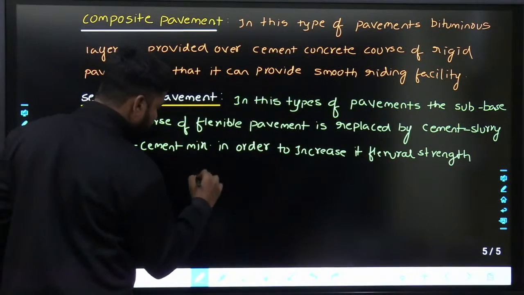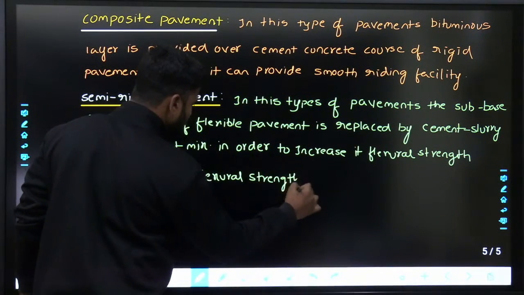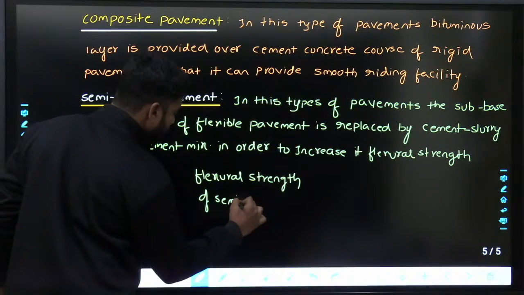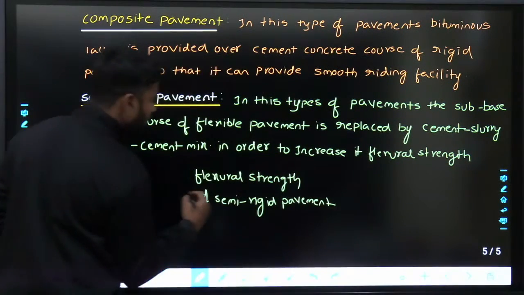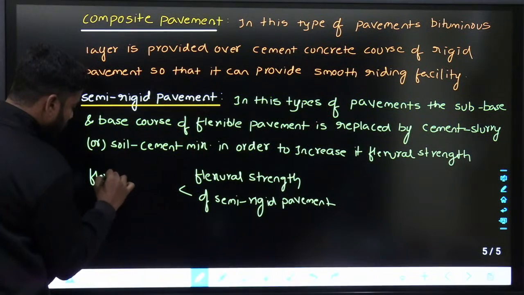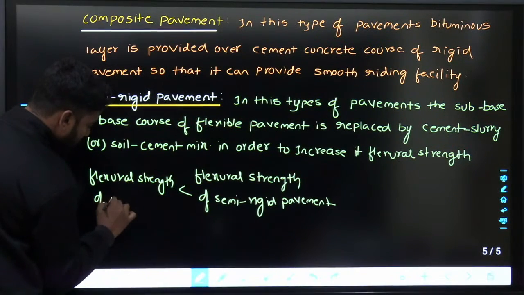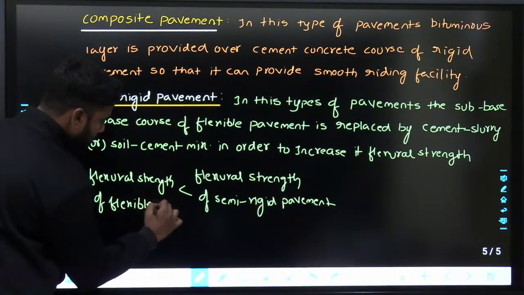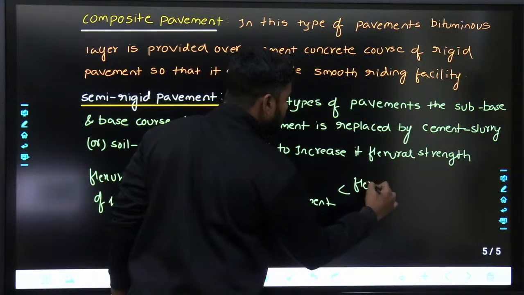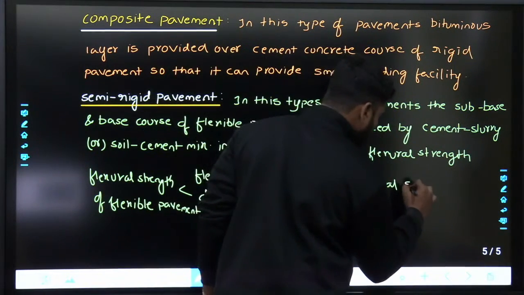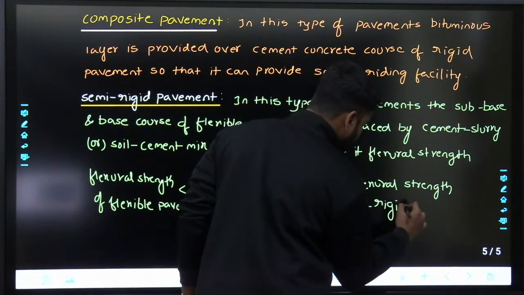So the flexural strength of semi-rigid pavement will be in between the flexural strength of flexible pavement and the flexural strength of rigid pavement.